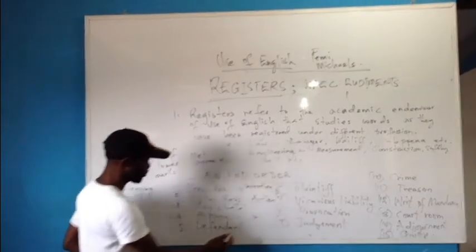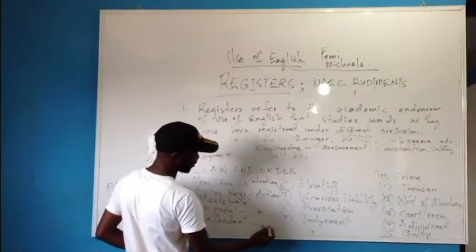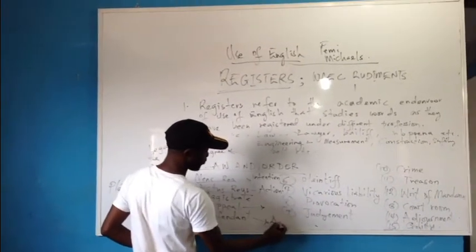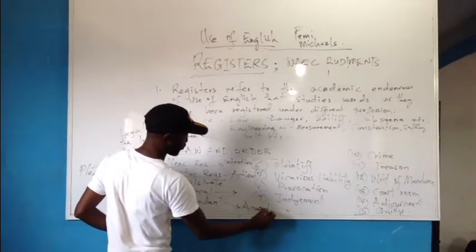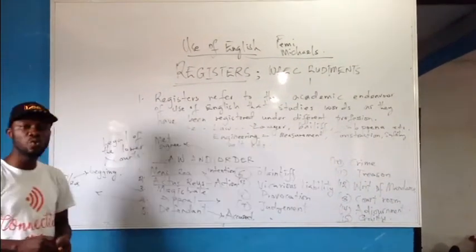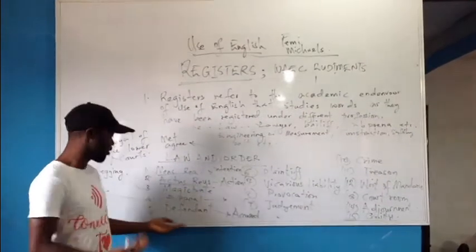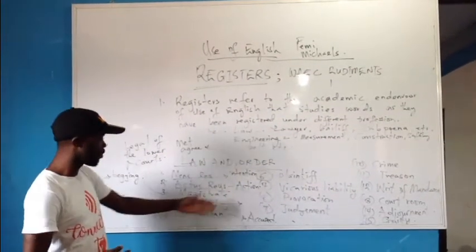The next one is defendant. The defendant is the accused. Another word for that is accused. The person who in the court of law is standing and is trying to defend himself or herself. That is the word: the defendant or the accused.